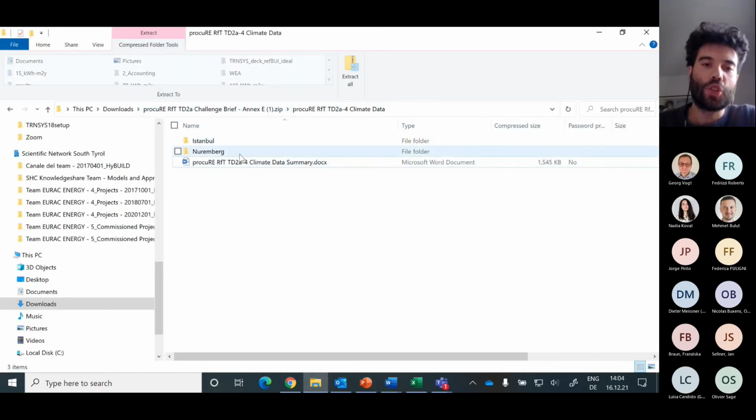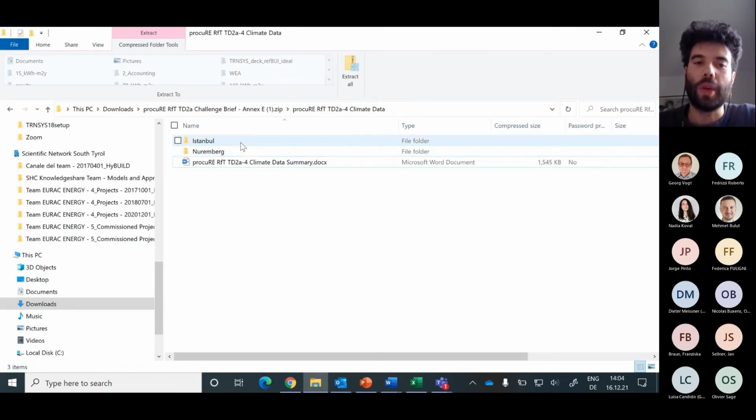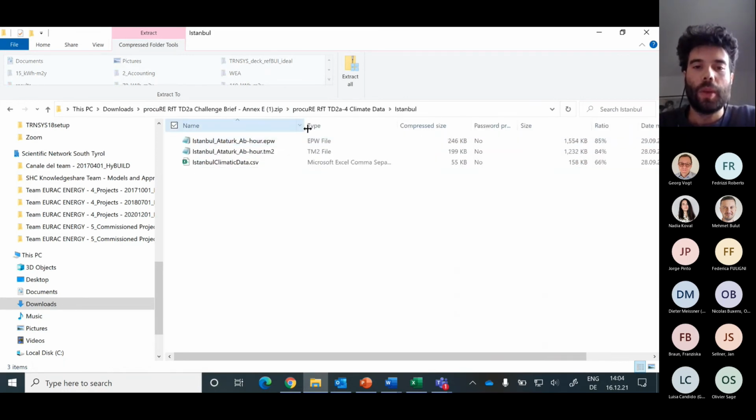Moreover, for each of the two reference locations, in the respective folder for Istanbul and Nuremberg, as already said, you will find the climatic data in the two simulation formats, EPW and TM2, and some of the climatic data, the most important, also in CSV format.